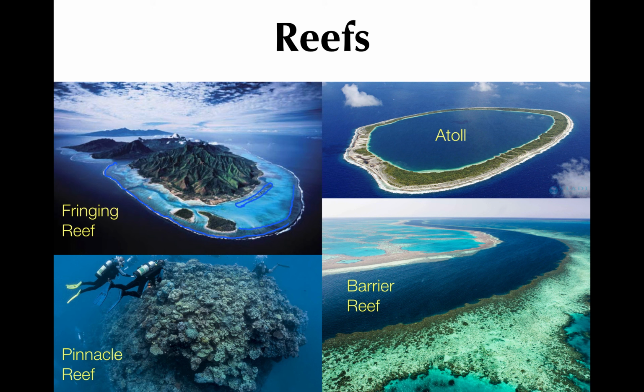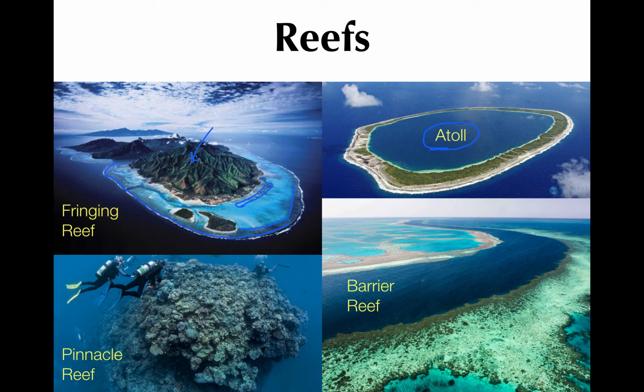These are most typically found surrounding islands like in the image shown. If an island like this were to subside to the point where it falls below sea level, what we'll be left with then is an atoll. An atoll is basically a fringing reef that has continued to build higher and higher even while the island that it surrounds has sunk below sea level.